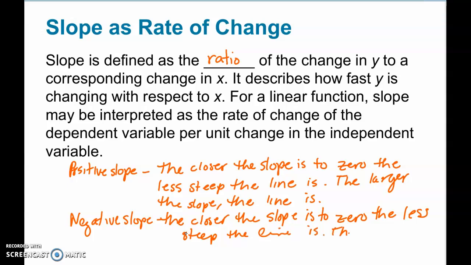The further away from 0, so closer to negative infinity, the steeper the line is.